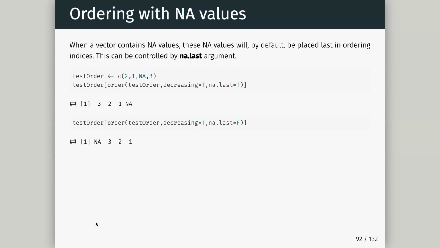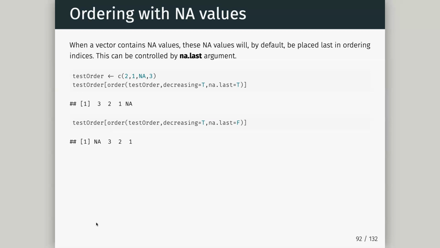That's because NA last is true. If I set NA last to false, it's going to put NA at the very beginning. NA can't be ordered because it's not available, so it has to put it either at the beginning or the end.